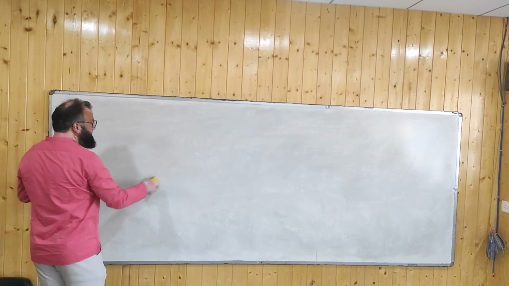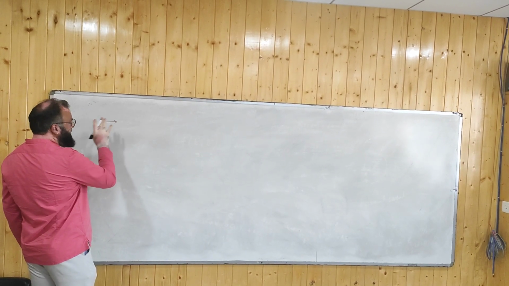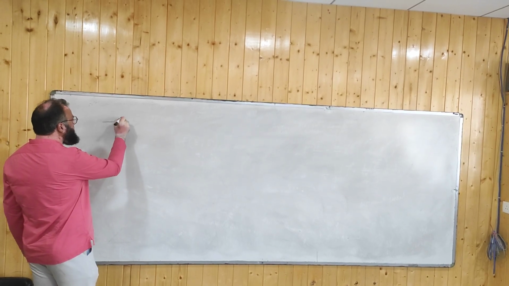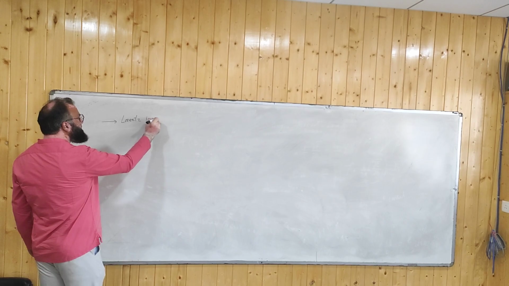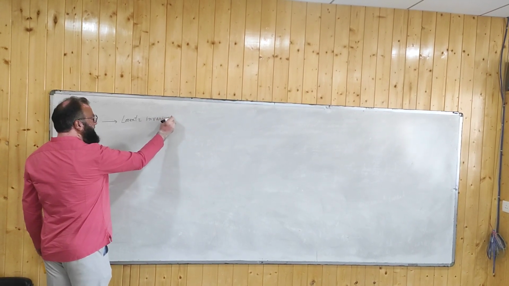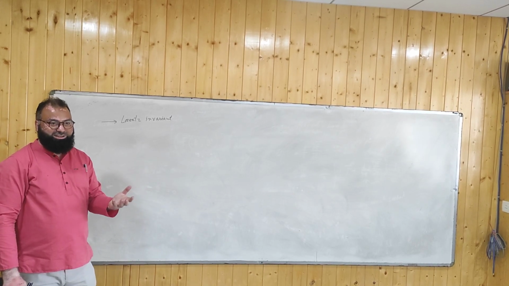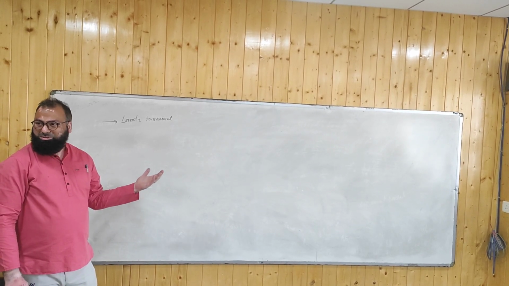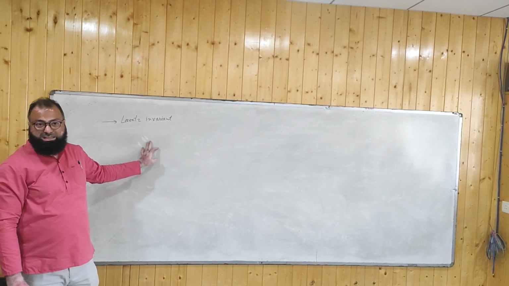Now the second point. What should the second point be? The action should be Lorentz invariant. Clear? Because the action should be a scalar quantity. When I say Lorentz invariant, it means it's a scalar under Lorentz transformations.